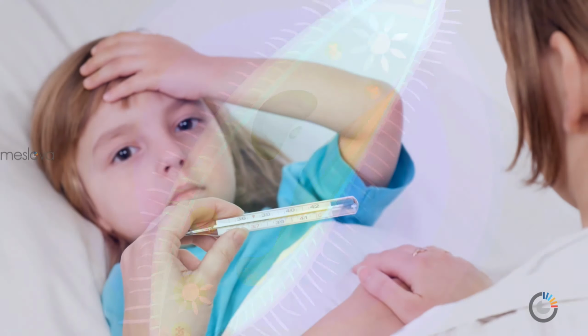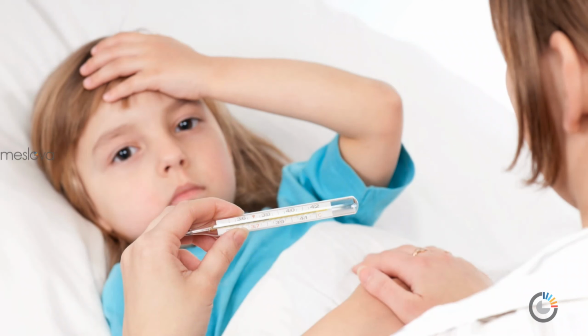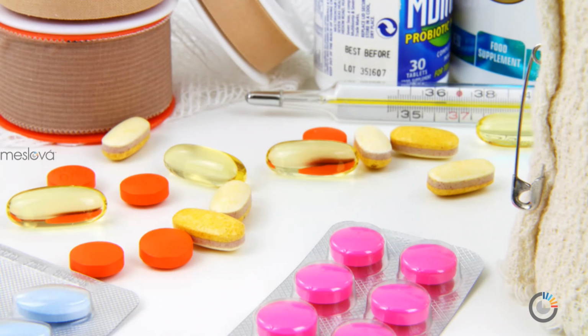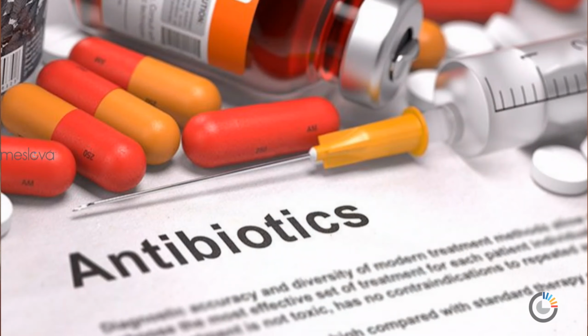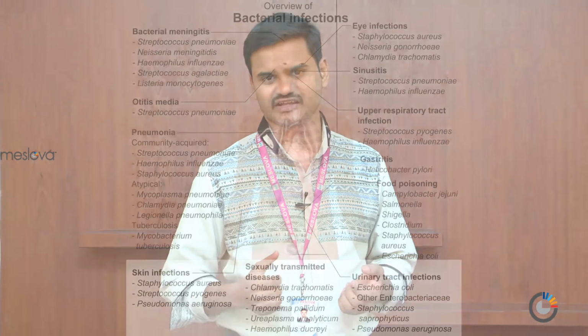For example, if you get a fever, the doctor prescribes certain medicines, and if you observe, the medicines mostly consist of antibiotics. They prescribe antibiotics depending on your symptoms and signs, since most of these diseases are caused by bacteria, especially.